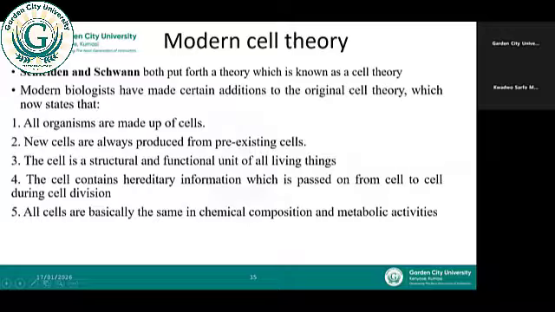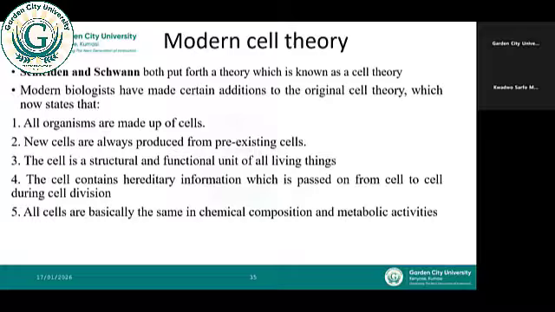Then further on, Schleiden and Schwann proposed the cell theory based on the observations made by the other pioneers in microbiology. And these were modernized to become the modern cell theory. So all organisms are made up of cells, which is true.